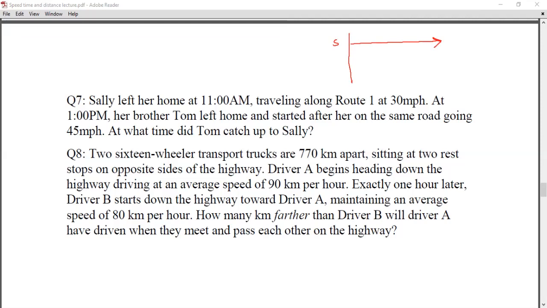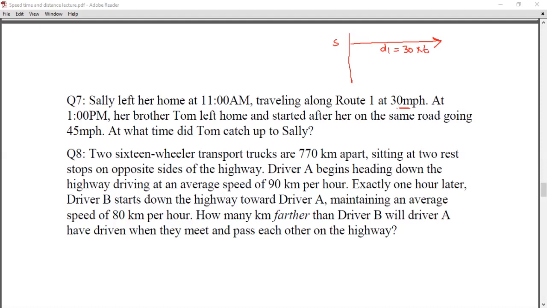The speed of Sally is given as 30 miles per hour, so we can take the distance covered by Sally as d1. You already know distance is equal to speed into time, so d1 equals 30 into t. Let's take the time as t.